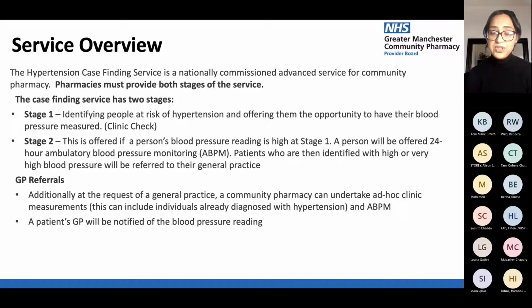This may include individuals already diagnosed with hypertension and ABPM. So in essence, in addition to stage 1 and stage 2, GPs will be able to also ask community pharmacy to provide clinic checks and ABPM as well. We'll talk about that a little bit later on. Next slide.